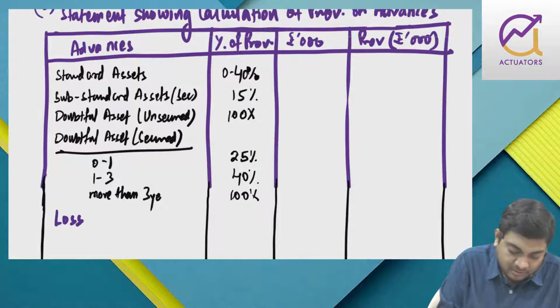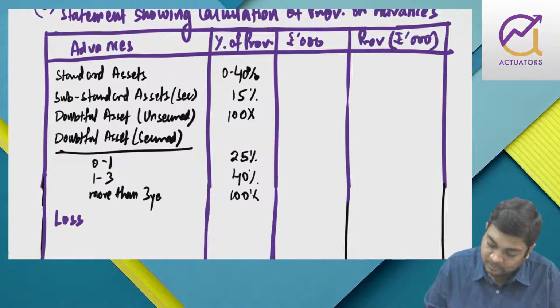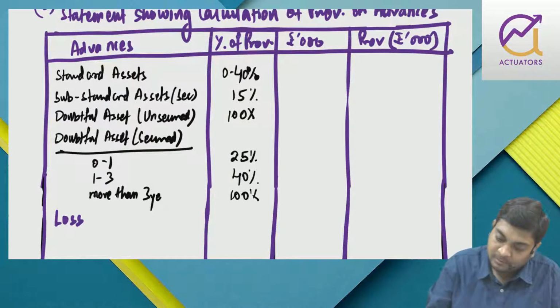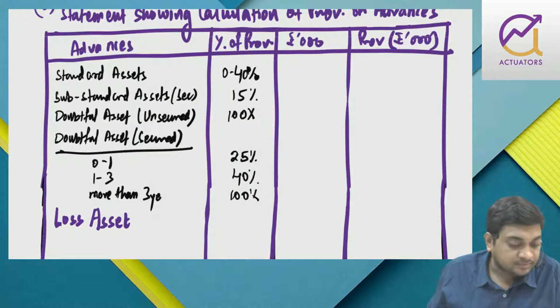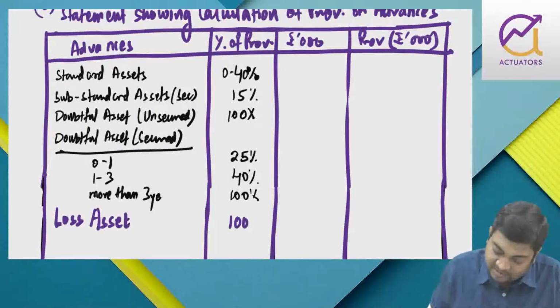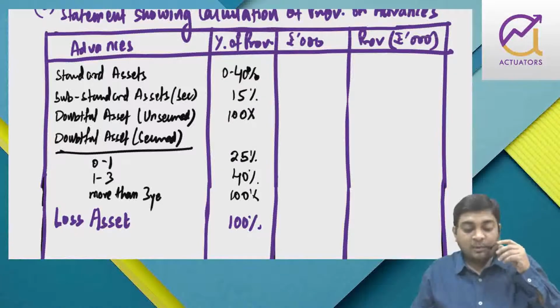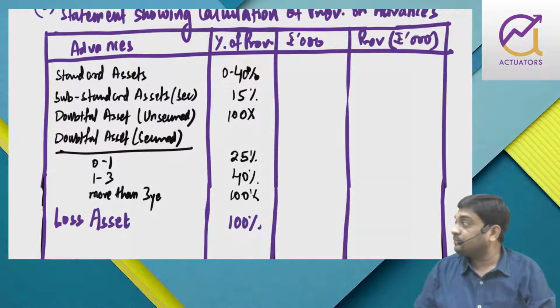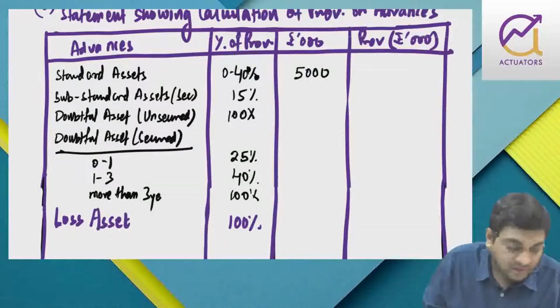Then we have loss asset, the provision rate is 100. Now I have to write up all the amounts. Standard asset, the amount is 5000.